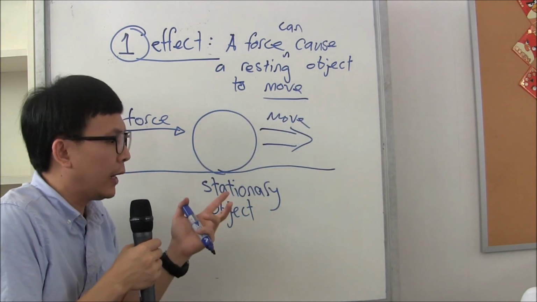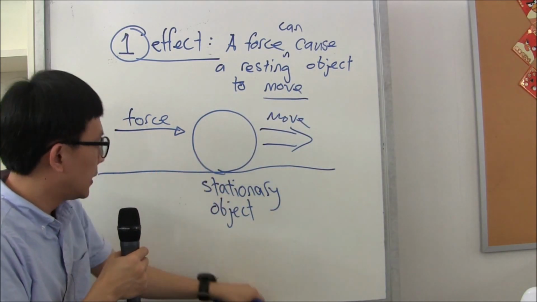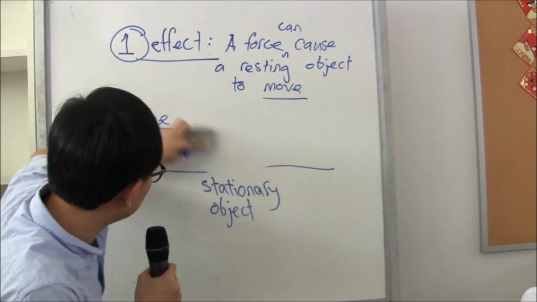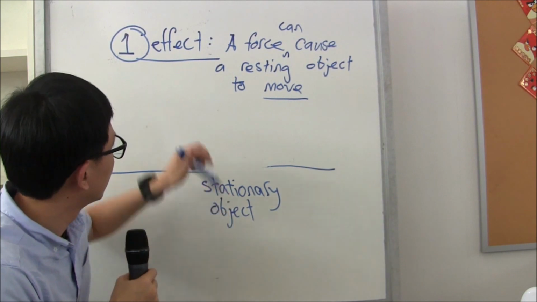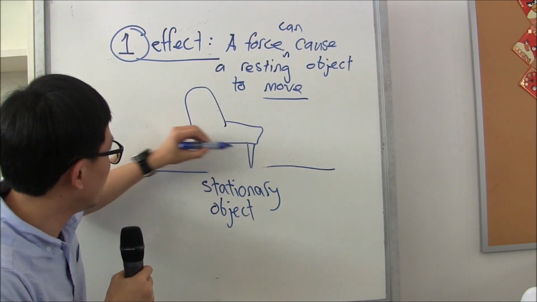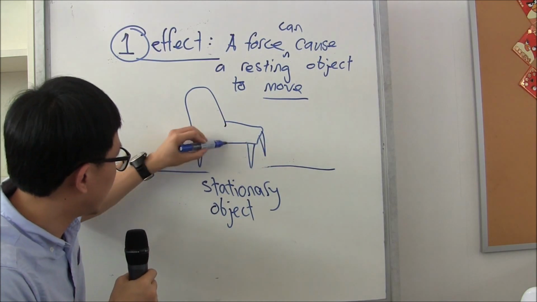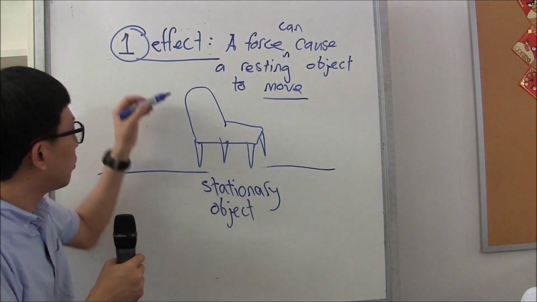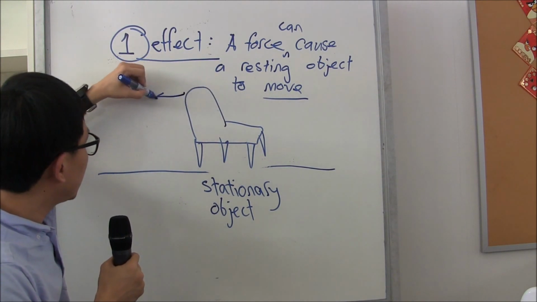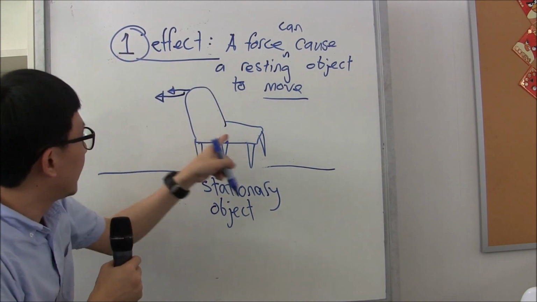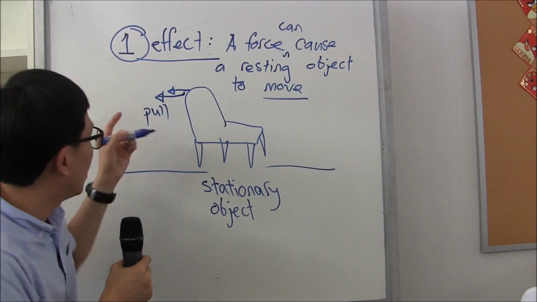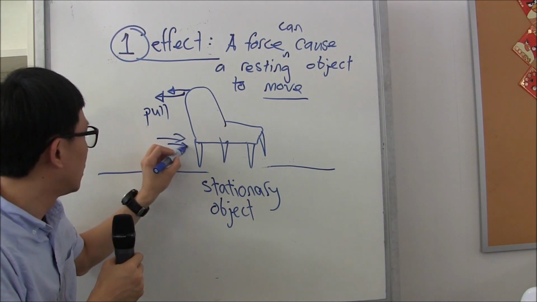I mentioned a ball. A resting object can be a chair as well, right? A chair will not move if you don't apply a force to it. So if you want to sit on the chair, sometimes you need to pull the chair out. So you're pulling the chair, and the chair moves. So it can be a pull or it can be a push.